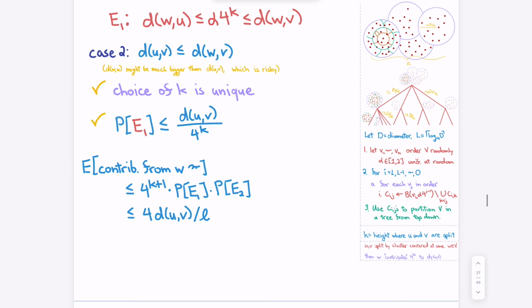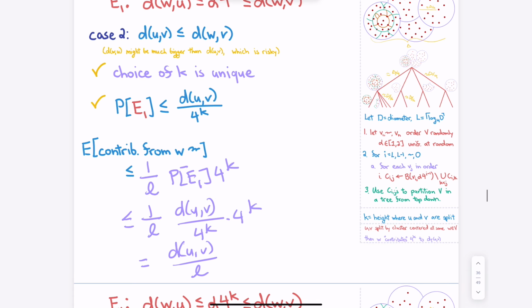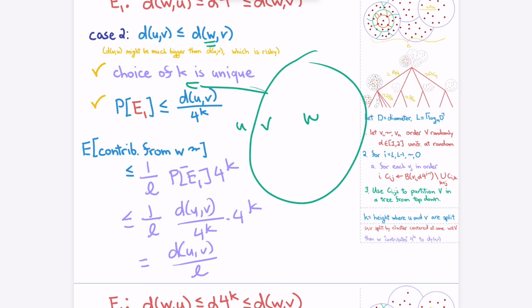So we know that the choice of k is unique for this particular W. I know there's a little lack of confidence because I might have goofed some constants, but if W does split U and V, it'll be at the scale where it's assigning radius like 4 to the k or 4 to the k minus 1.